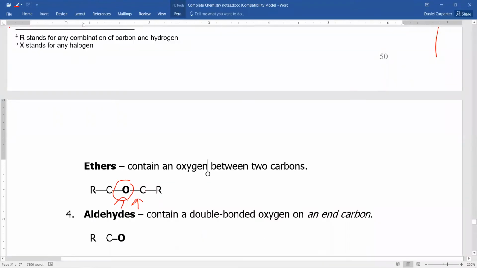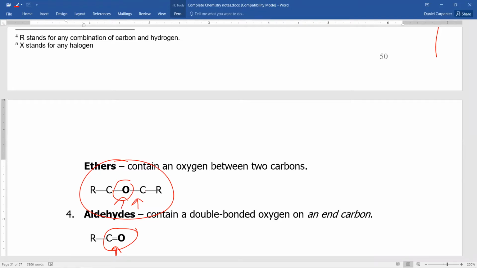All right. So right here is where we were. You had the O between 2 C's, not an O on 1 C with a double bond in it, 2 lines. That was an ether. And remember, the R's are just regular C's and H's, any combination of C's and H's.